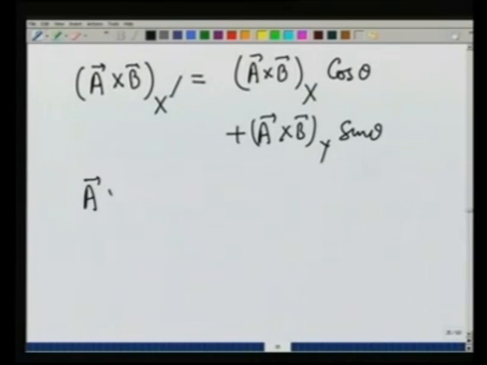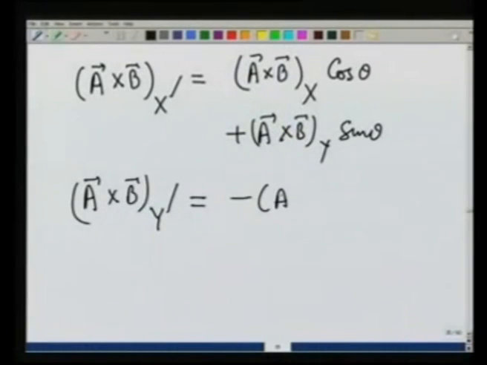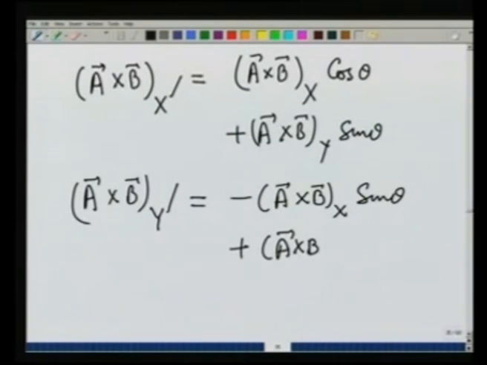Similarly, A cross B y prime component, if I am changing only x prime and y prime axis by rotation about the z axis, should be equal to minus A cross B x component sine theta plus A cross B y component cosine of theta. I leave this as an exercise for you. So, it is this combination A x B y minus A y B x and things like those that defines the vector product for us.